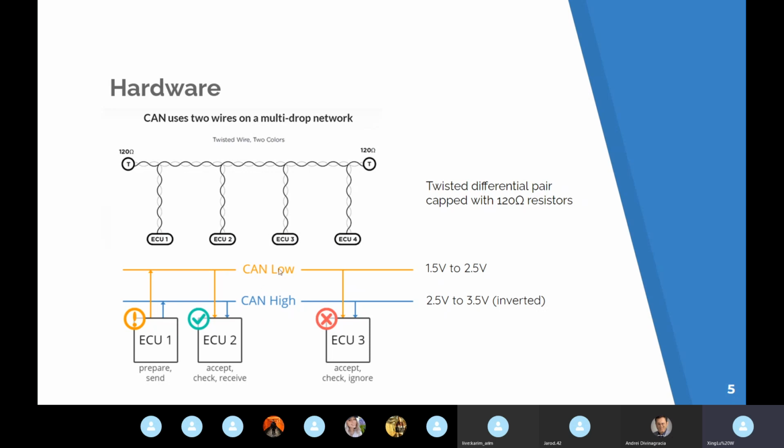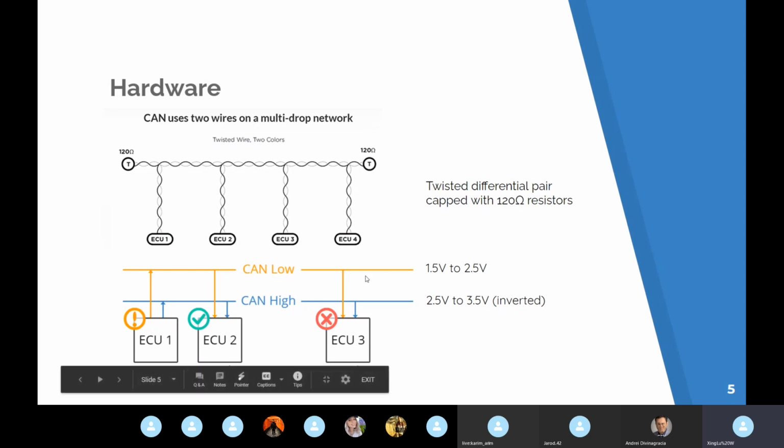CAN low is 1.5 volts to 2.5 volts, while CAN high is 2.5 to 3.5 volts. CAN low you can think of as your normal digital signal of zeros and ones. And CAN high is the same signal, but inverted. You just flip it upside down.